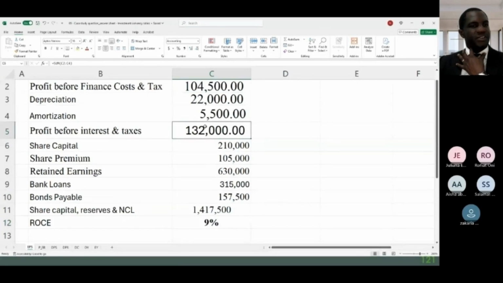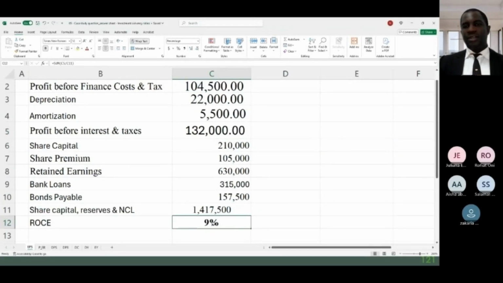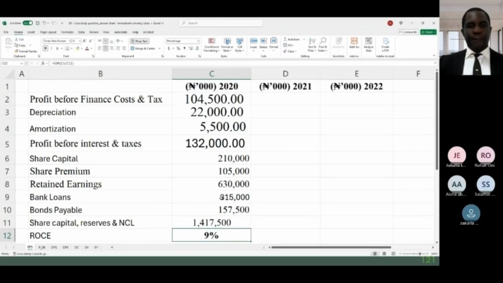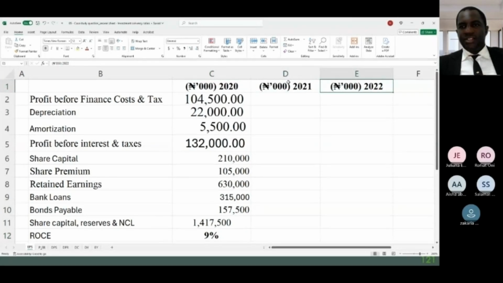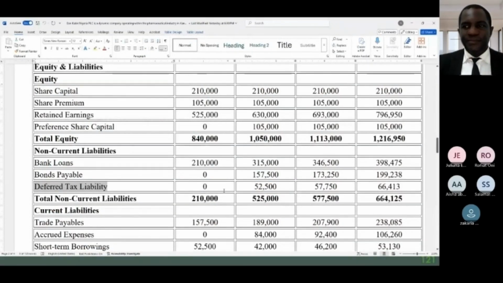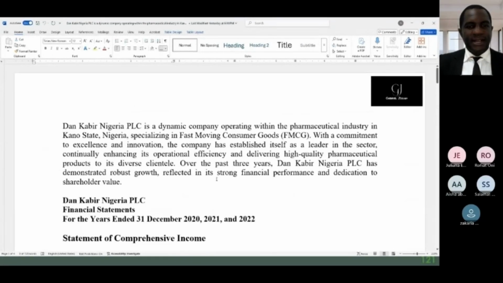If you use your calculator, you will see that 132 divided by 1,417,500 is 9%. So I would like us to do that for 2021 so that we can engage on 2022. Let me see who is going to take 2021 and 2022. Let me go back and toggle the screen and put it on the question.